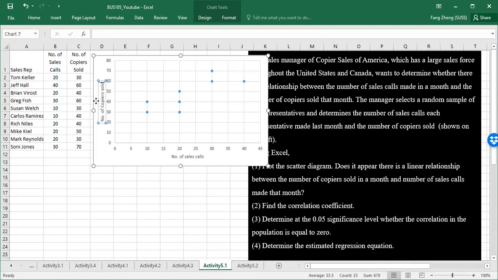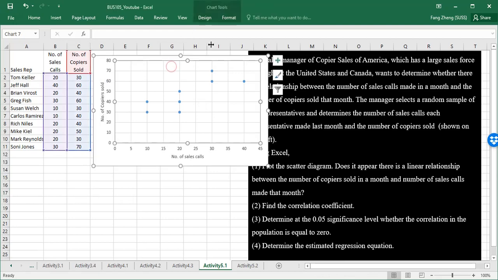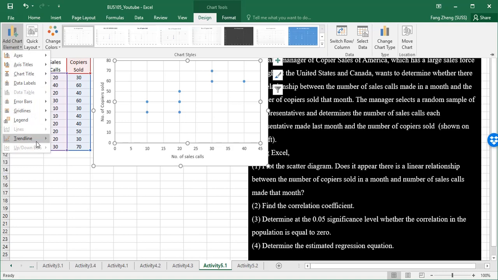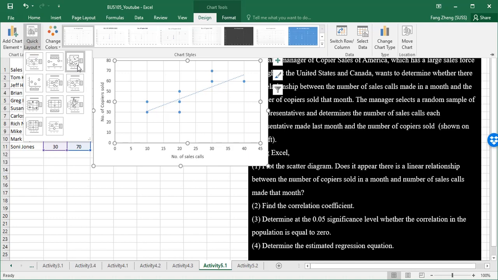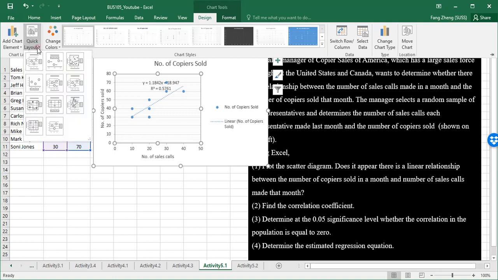Okay, so that's it. Another thing we can do for this chart is add the linear trend line. Then this shows us whether there is a possible linear relationship or not. We can also show the regression equation directly from this quick layout.